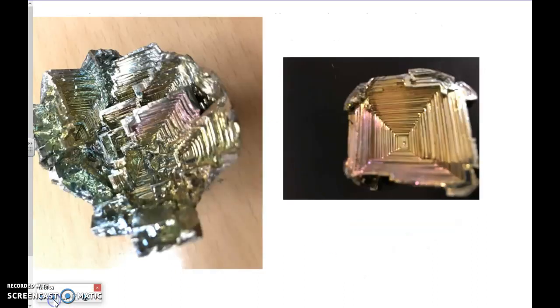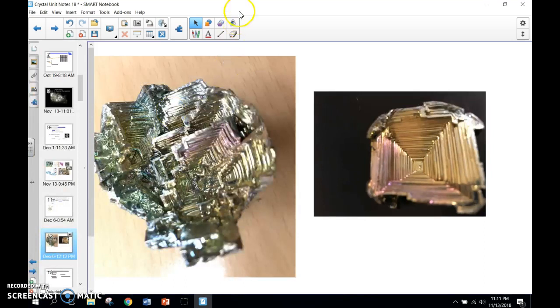The bismuth crystal is not quite a square. If you can see, let me move out of here, grab a pen, we'll go to red so we can actually see it. You see the square repeating often in this crystal.